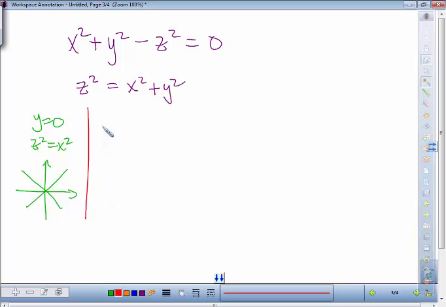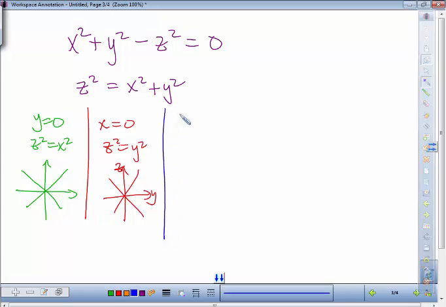And then similarly, when x is equal to 0, you got z squared is equal to y squared. And again, that is an x on the yz plane. So now if you let z is equal to 0, you're going to get 0 is equal to x squared plus y squared, which we know of to be a dot.